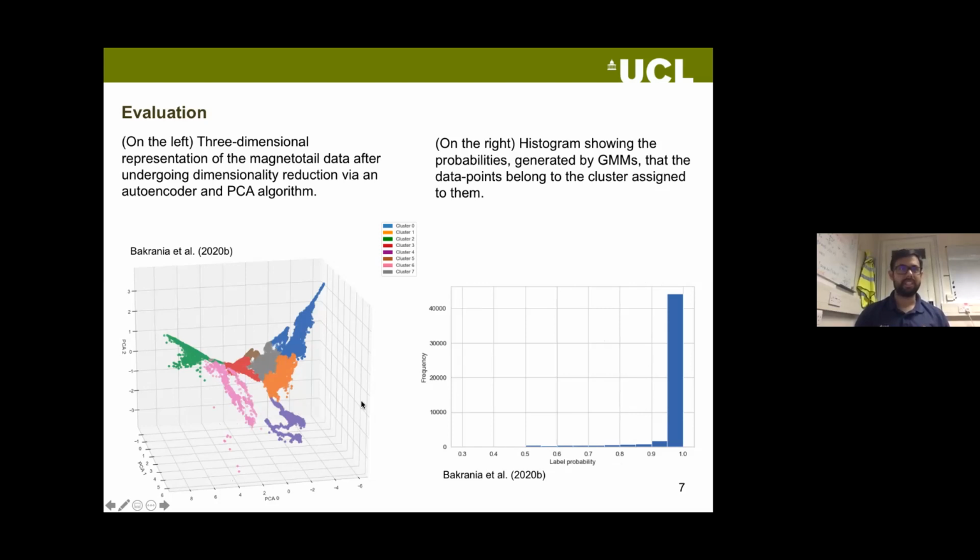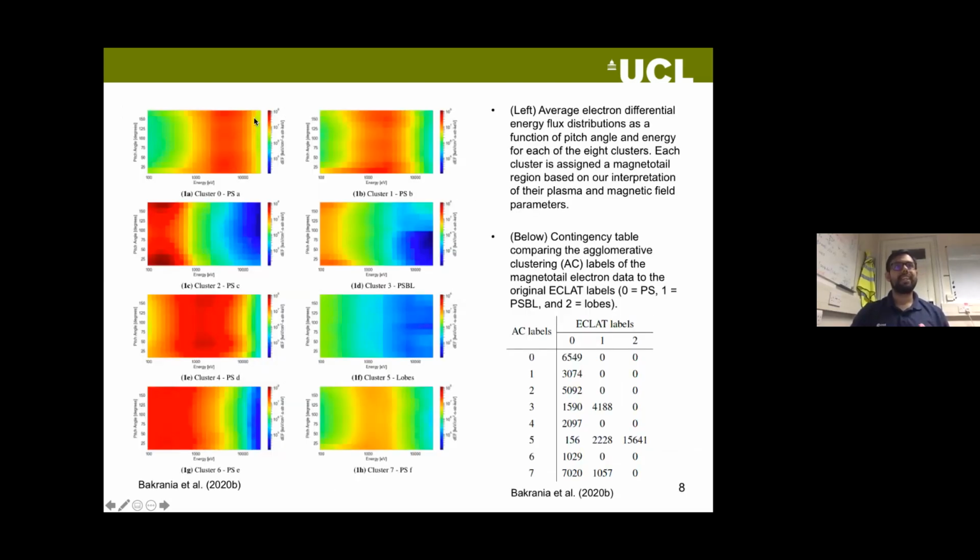when clustering this data. So taking the average distribution from each of the clusters, we can create these 8 different plots. This shows us what I've shown earlier, the energy and the pitch angle and the differential energy flux for each population.